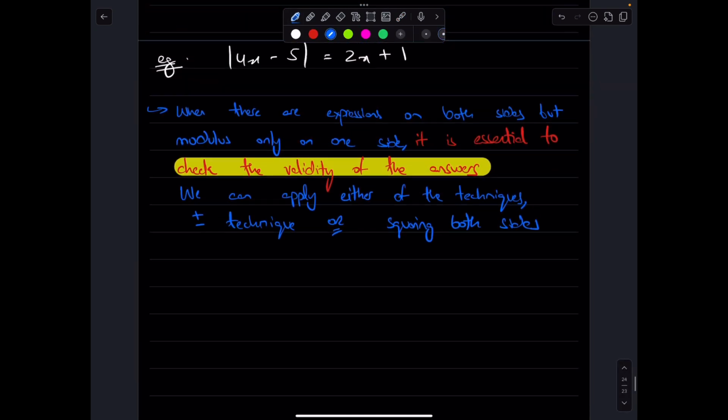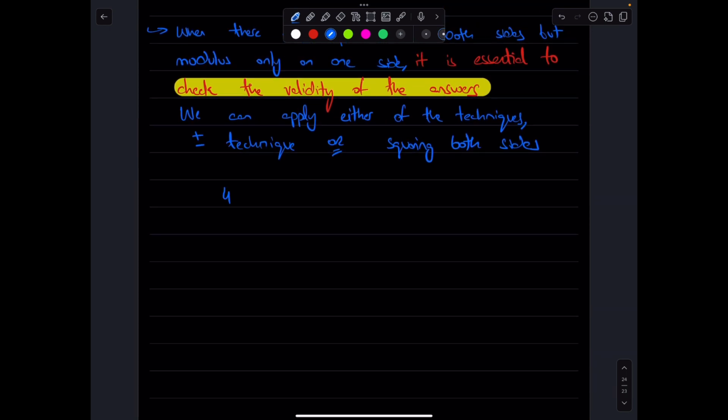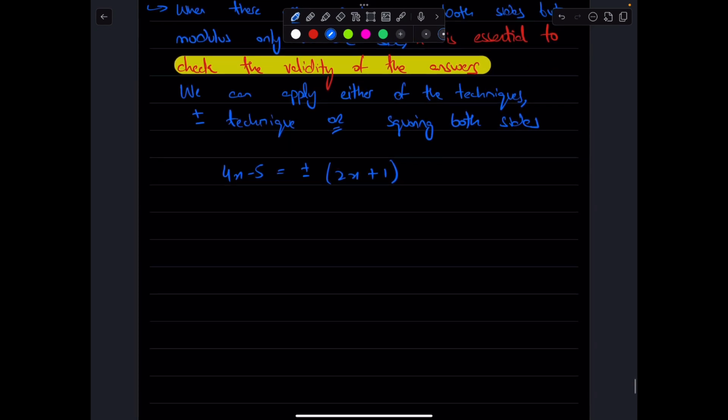So let's solve this by using the plus minus thing. So we can write this as 4x minus 5 equals plus minus 2x plus 1. Is that right? Yeah. We can write this as two separate equations. So as 4x minus 5 equals minus 2x plus 1, and as 4x minus 5 equals 2x plus 1.